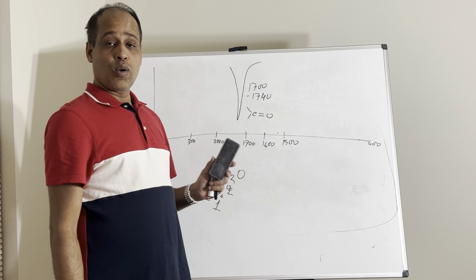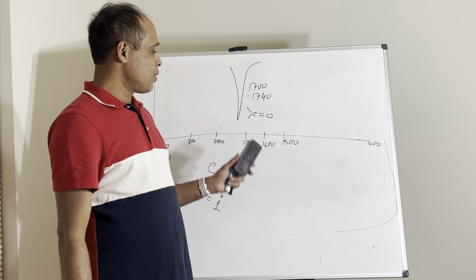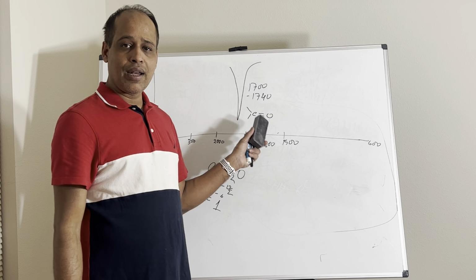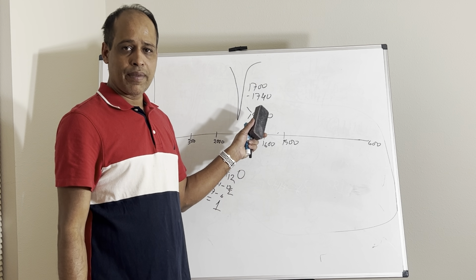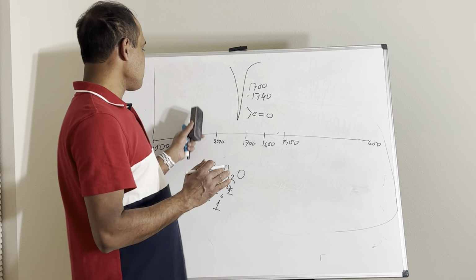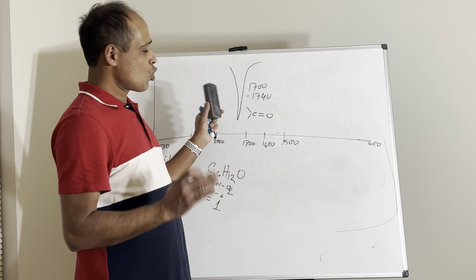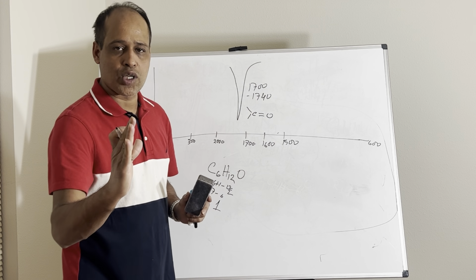But don't be confused between ketone and aldehyde, because an aldehyde will also show a similar peak around 1700 to 1740. To be an aldehyde, you need some other peak as well. If you don't have that peak but only this one, then you can say it is a ketone.